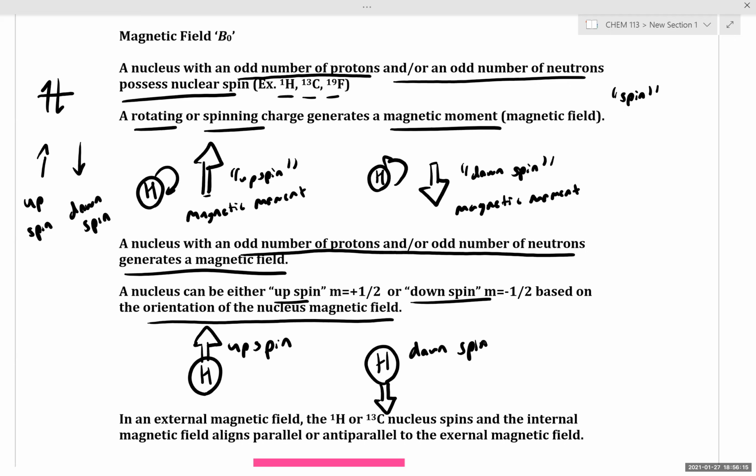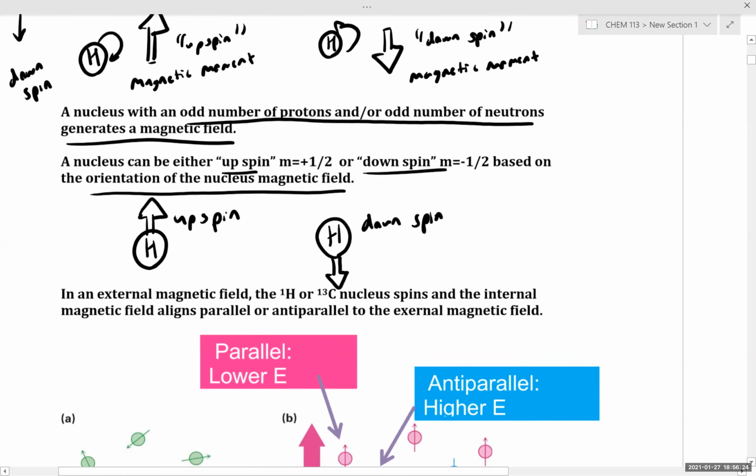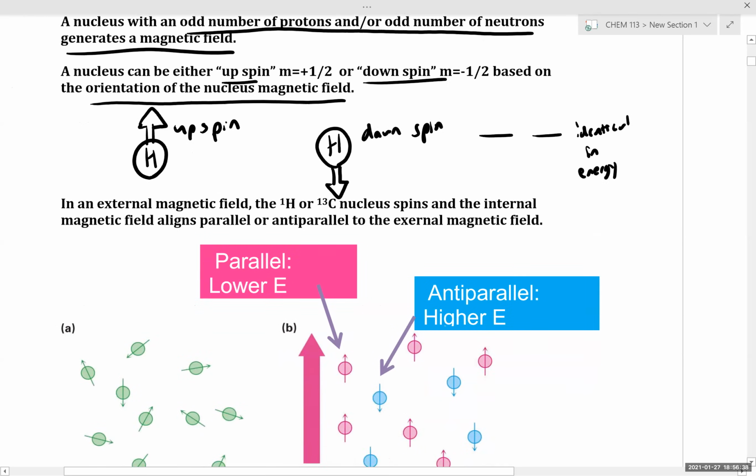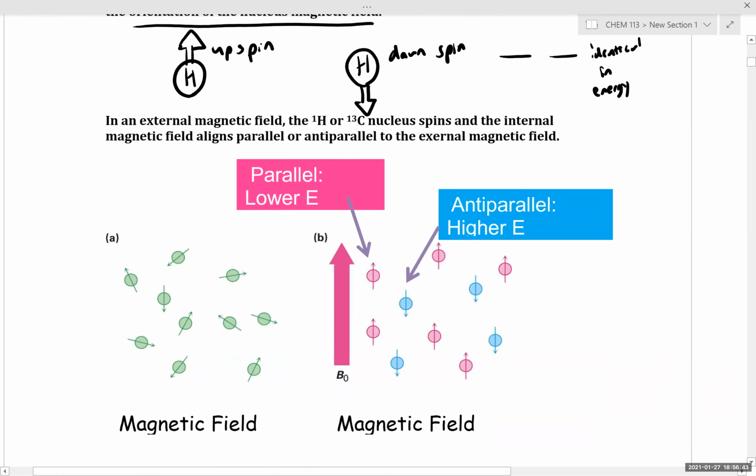Now, with no external manipulation, these two spin states are identical in energy. The upspin and downspin are identical in energy. But we can leverage an external magnetic field and do something really quite special.